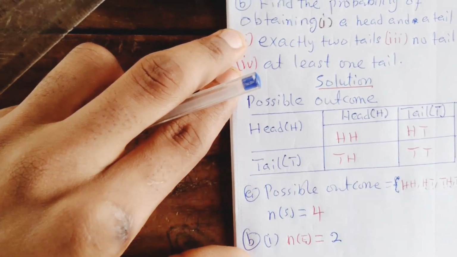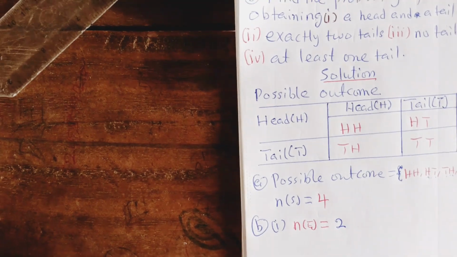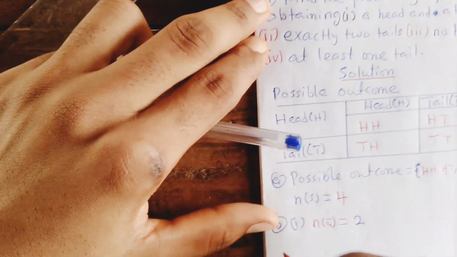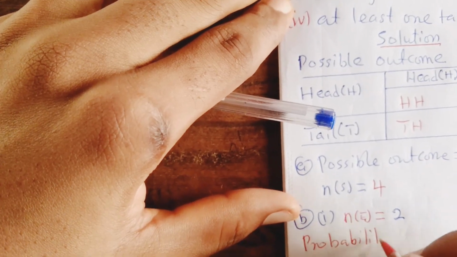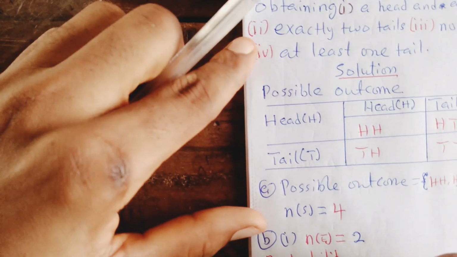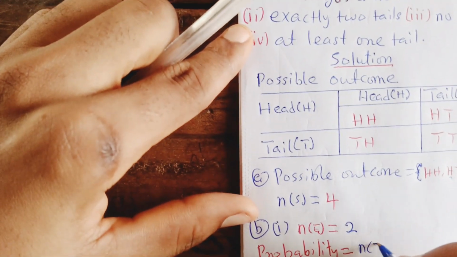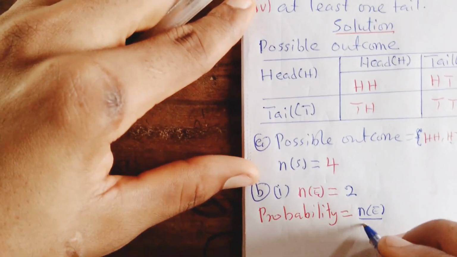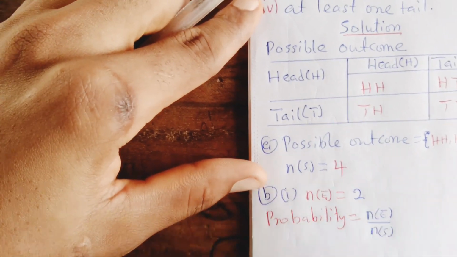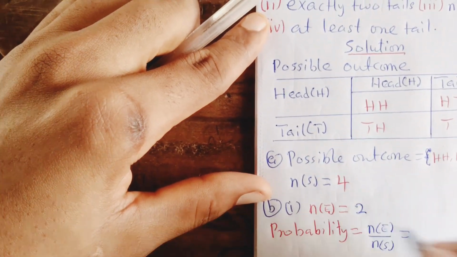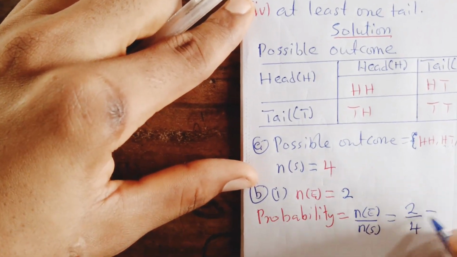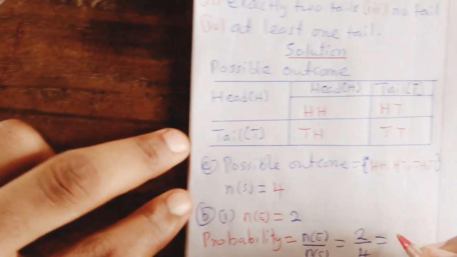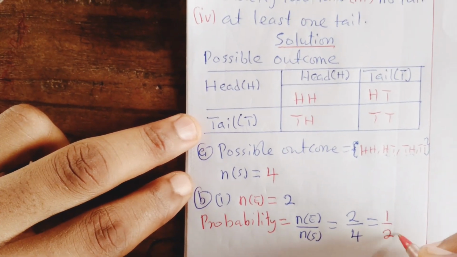So it's 2. So probability is equal to number of events out of number of sample space. That's the outcome. And here the event is 2 out of 4. And that is giving me 1 out of 2.